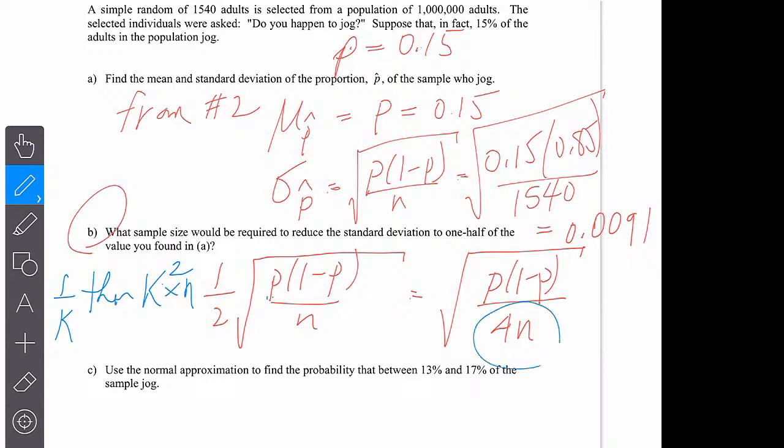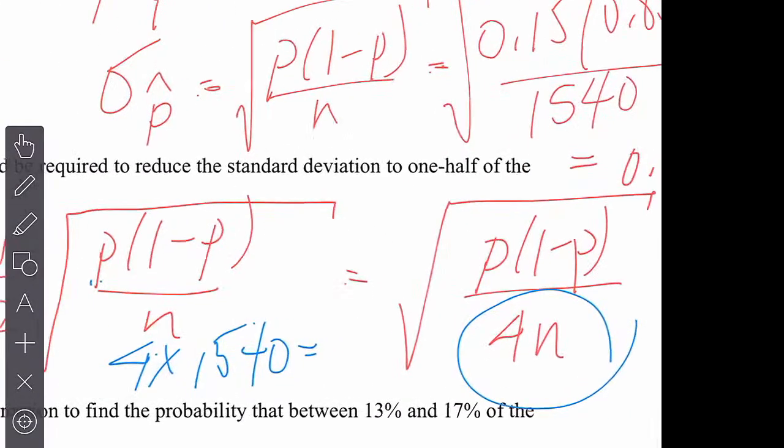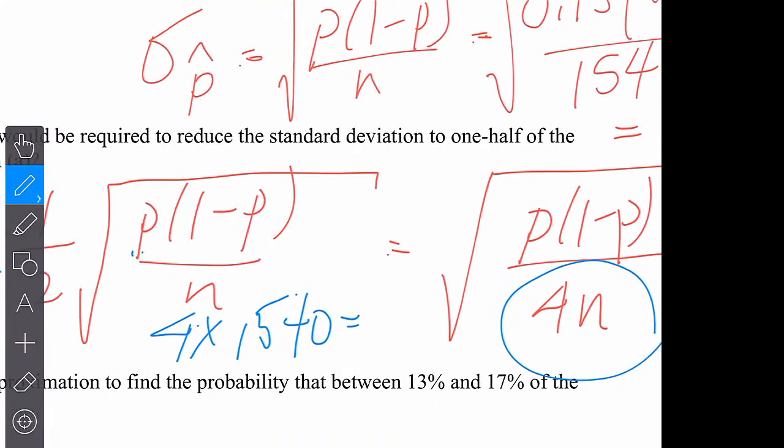4 times n is 4 times 1540, which is equal to 6160. All right?